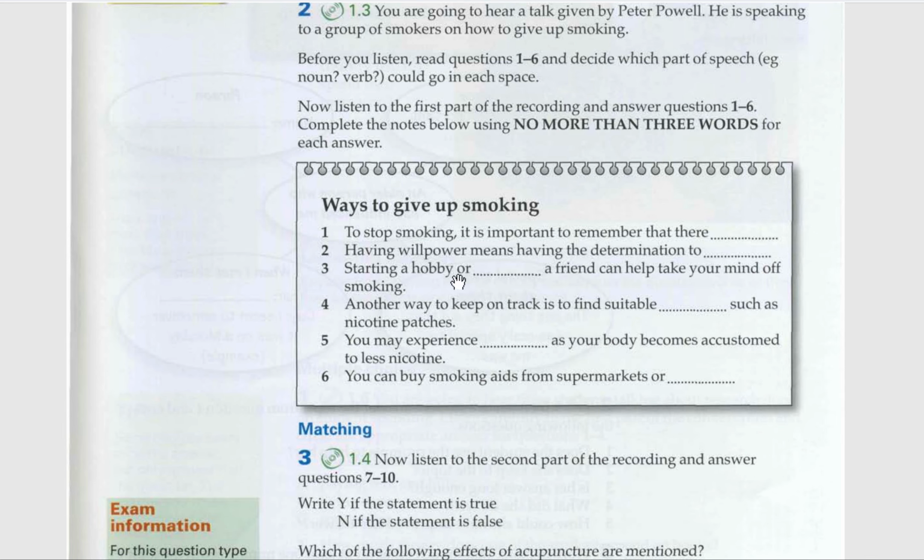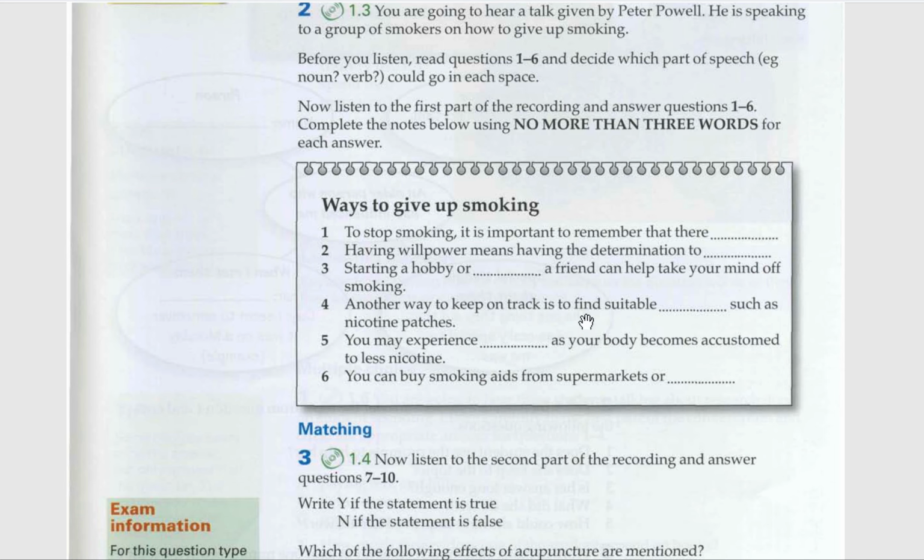Number 3, starting a hobby or something. A friend can help take your mind off smoking. You notice here should be a noun as well. And for number 2, the determination to what? To plus a verb, usually, normally.